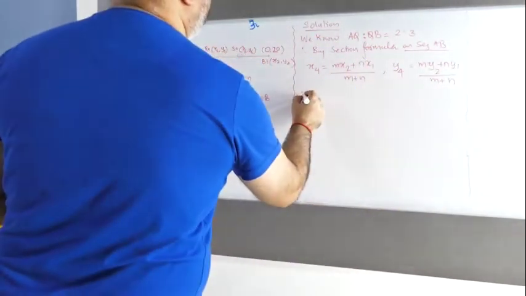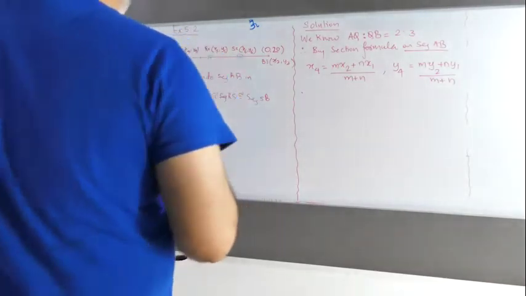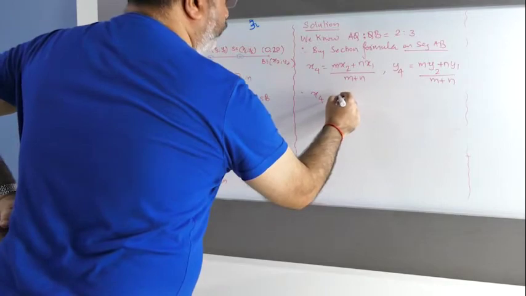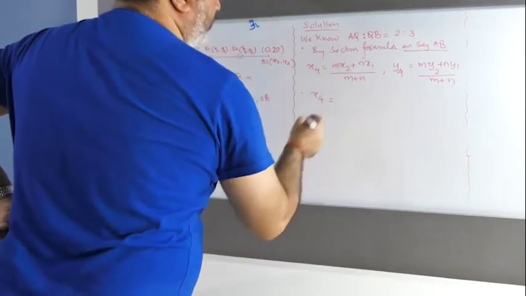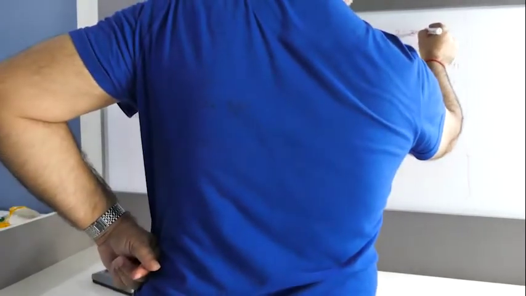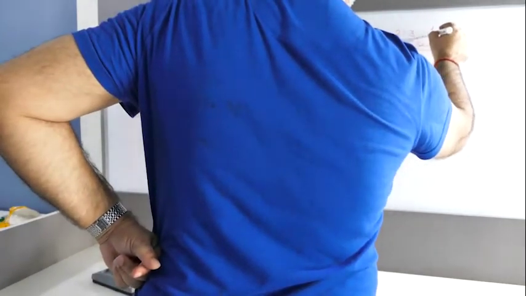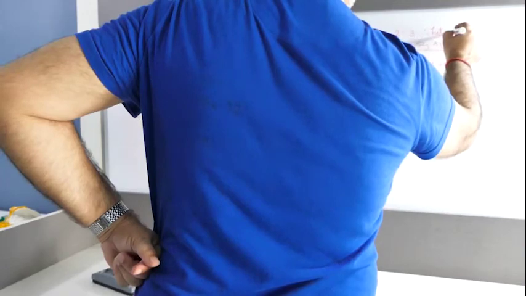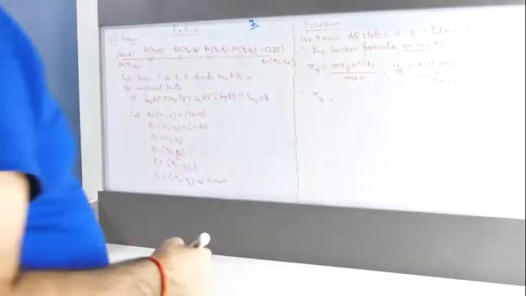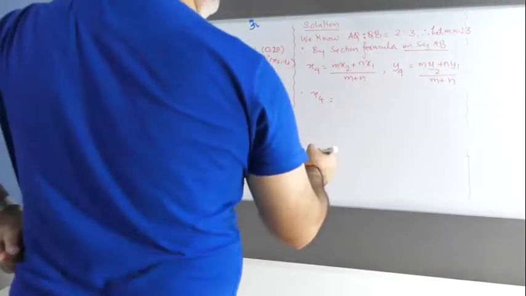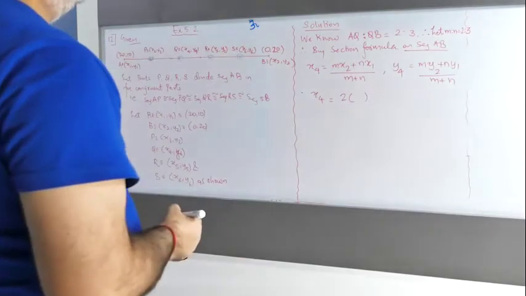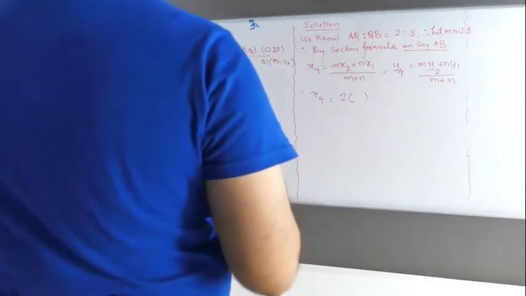Therefore, x4. Now, we don't know x4. Do we know m? Yes. So, you will say, therefore here, let m is to n equal to 2 is to 3. So we can assume the value of m as 2. What is x2?